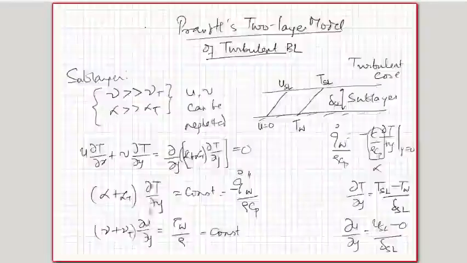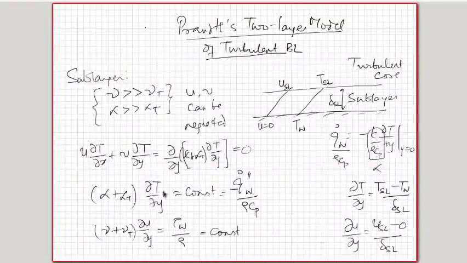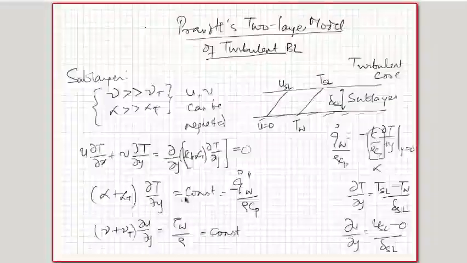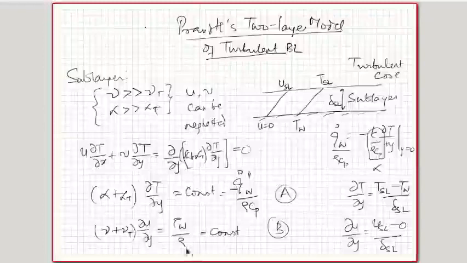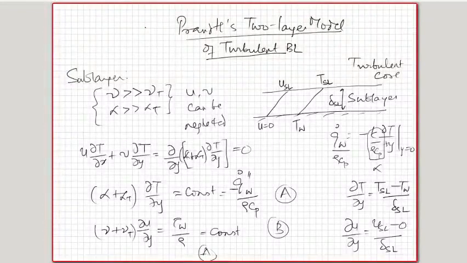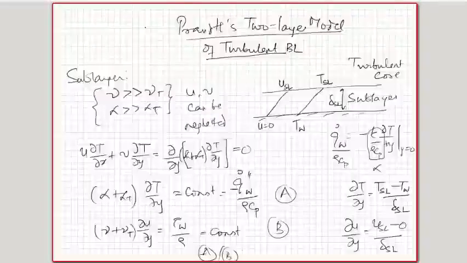If I cancel out the y there, because these are written at every location, this basically becomes a minus dT by du. Suppose I call these equation A and equation B. A by B is what we do, so let's do that on the next slide.